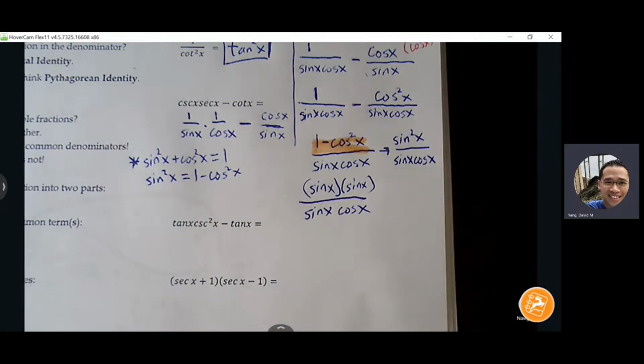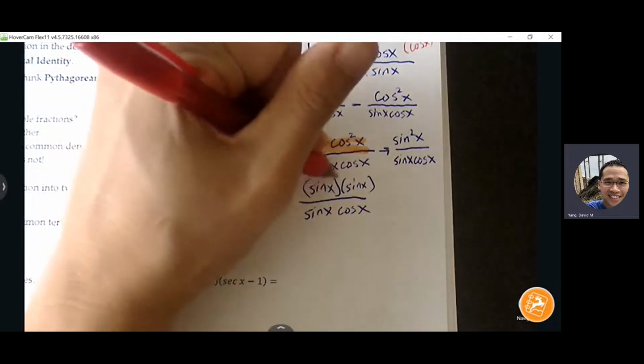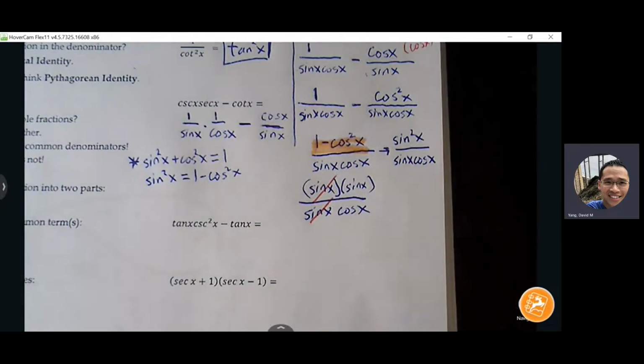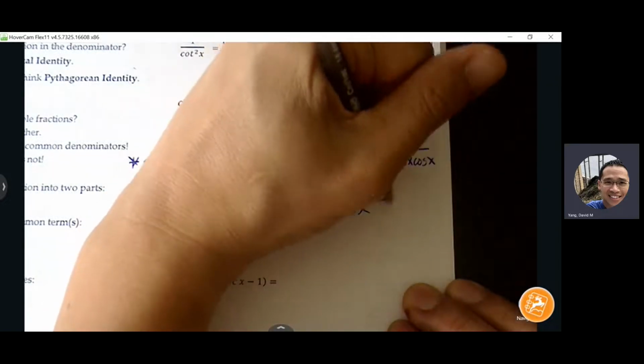Okay, what's nice and what's obvious here? What can we do? Divide. Take one of the sines out, and we're just left with what? Which is the same thing as tangent x. So we can get it all the way down to tangent of x.